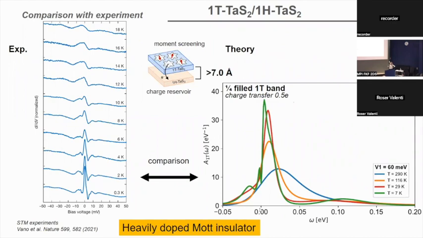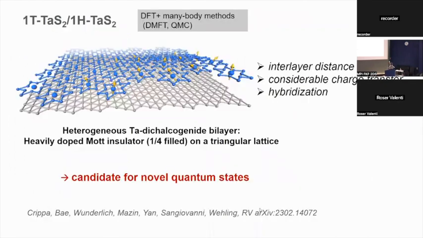And in fact, what we have here is more the physics of a heavily doped Mott insulator than a Kondo type of system. And this is very interesting physics, because we don't know of any usual inorganic systems where you can really dope and go into this quarter filling.